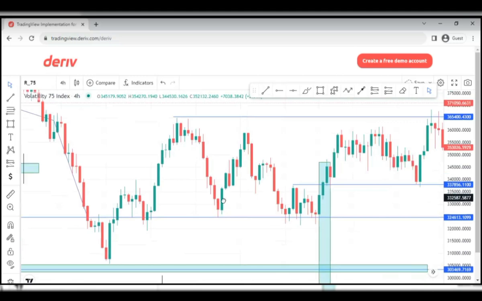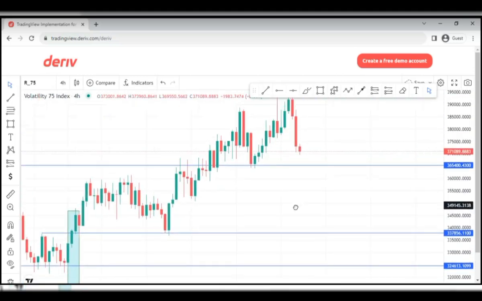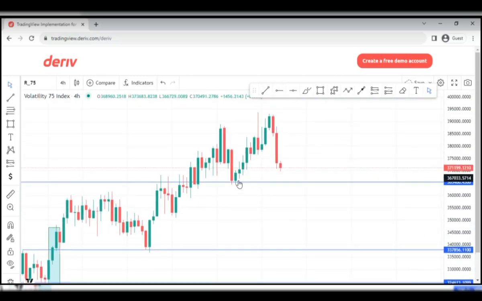I think I showed us an example when we started the training. This one is not a strong three white soldiers at all, since they have wicks around. For you to see a strong three white soldiers, you want to see a wick below, right?